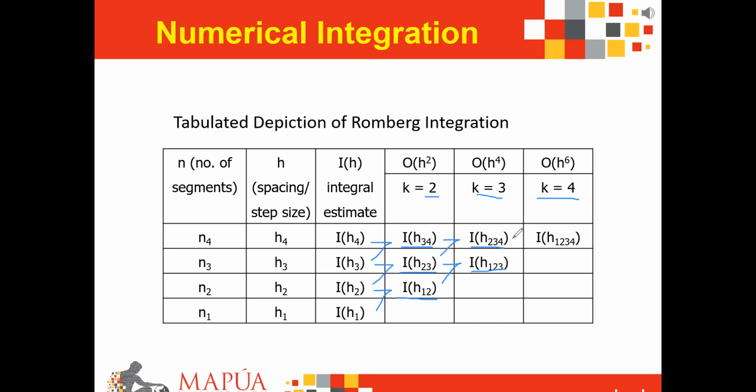Again, this IH234 is more accurate and this IH123 is the less accurate integral estimate. Using the extrapolation formula with k value equal to 4, you'd end up with this final improved value of your integral estimate. Okay? So that's how you create the extrapolation table.